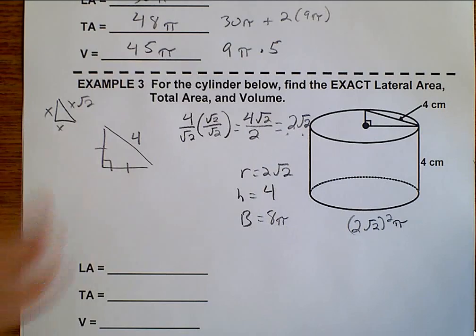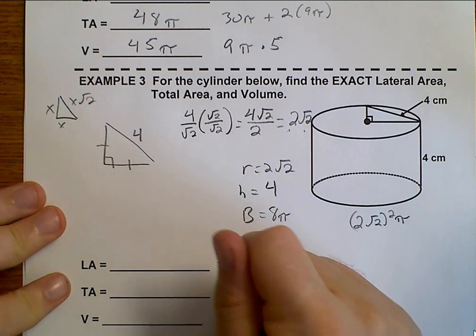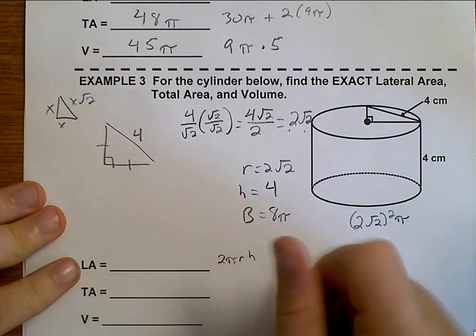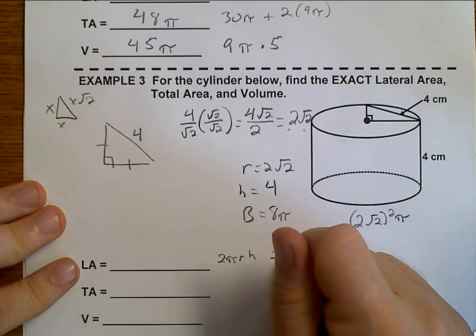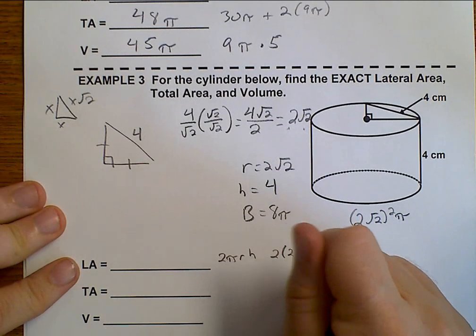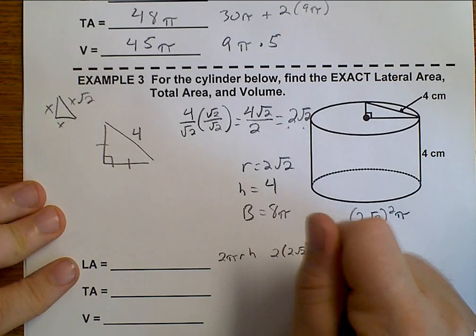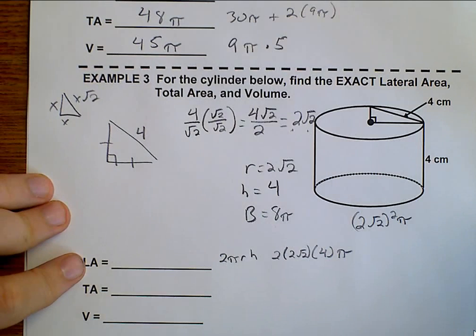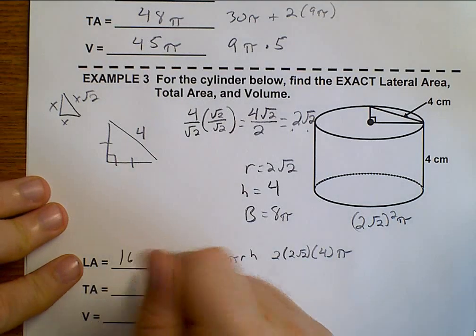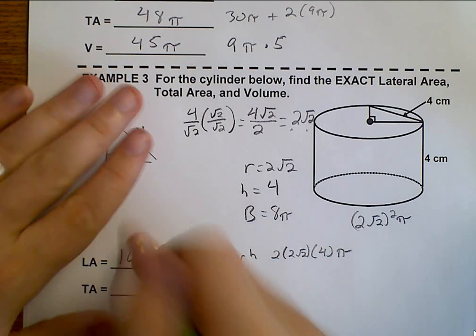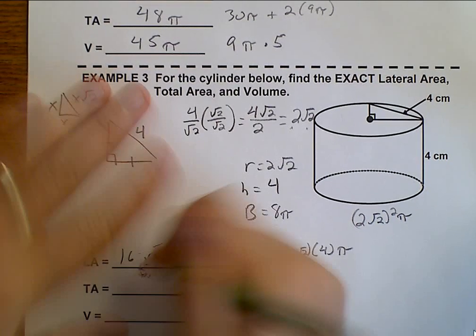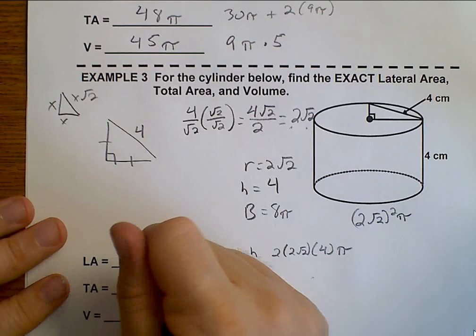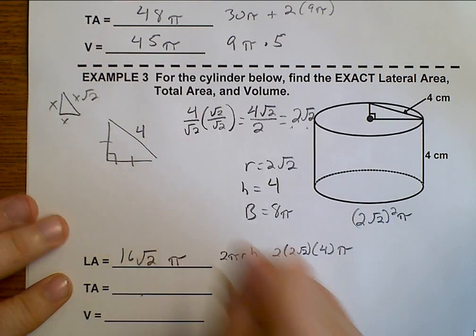For our lateral area, that is 2 pi r h. So that is 2 times 2 square root of 2 times 4 pi. So 2 times 2 times 4 makes 16, so 16 square root of 2 pi.